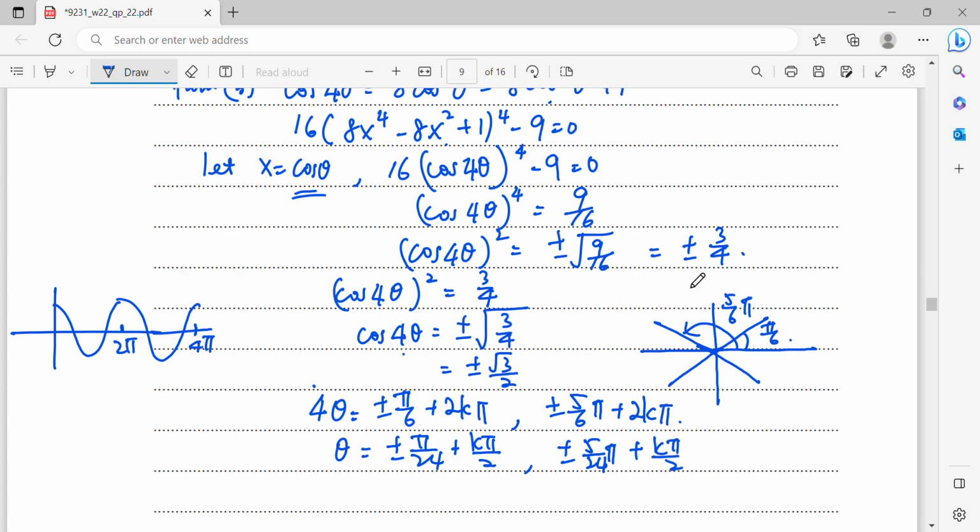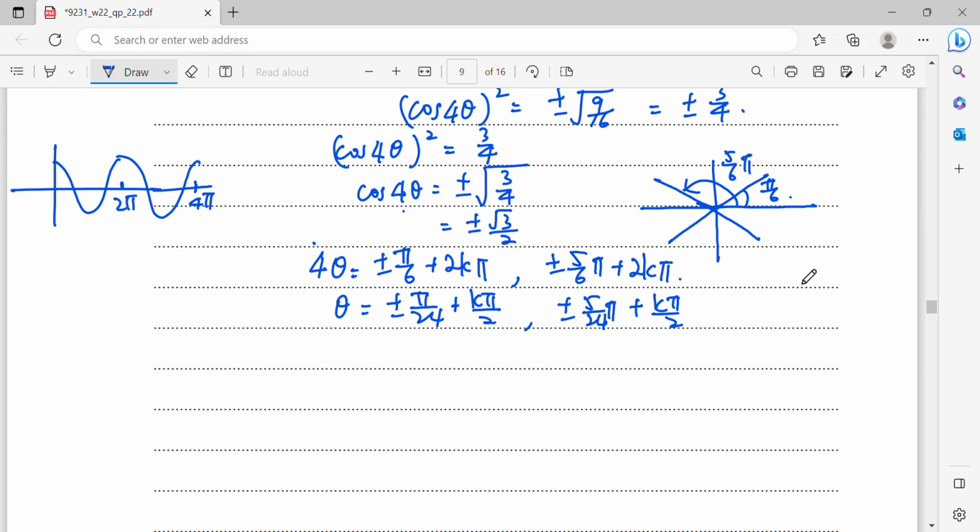So you replace the k by 0, 1, 2, 3. Then at last, my x equals cos theta, which is cos pi over 24, cos 5 over 24 pi. I get this value when k equals 0. Then you continue with k equals 1, 2, and 3. So you will be getting all these solutions.